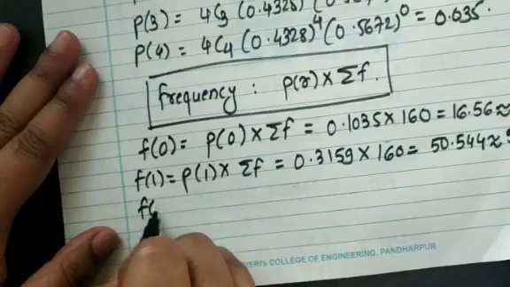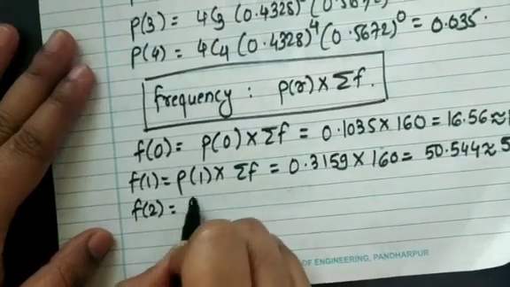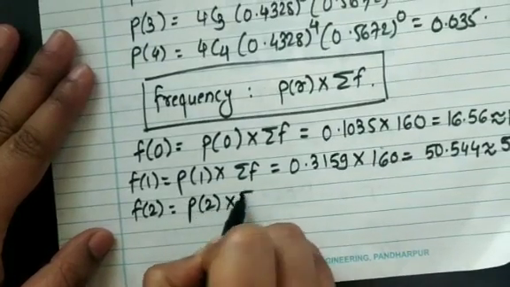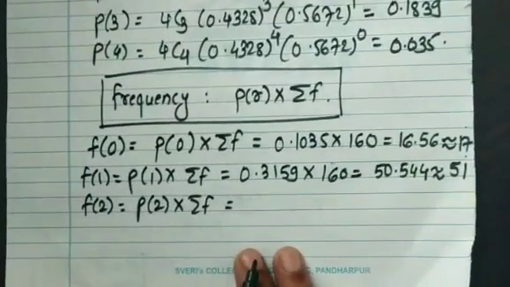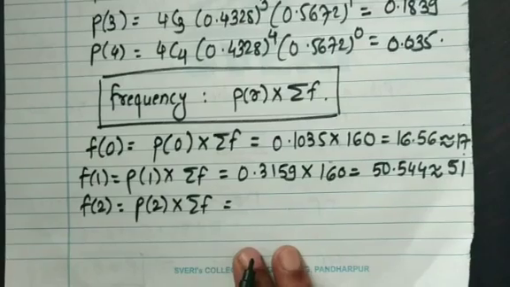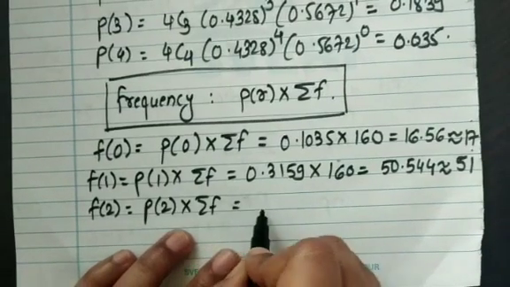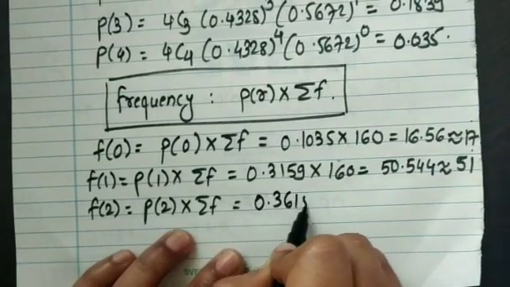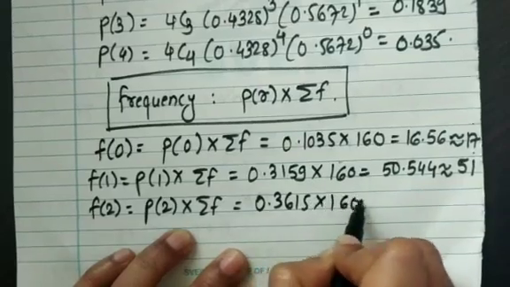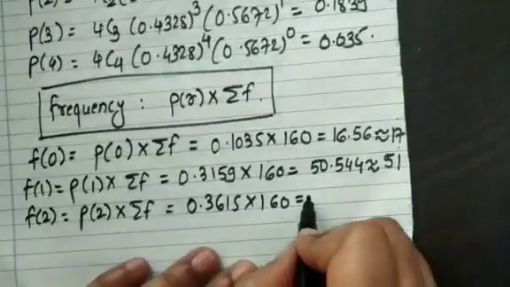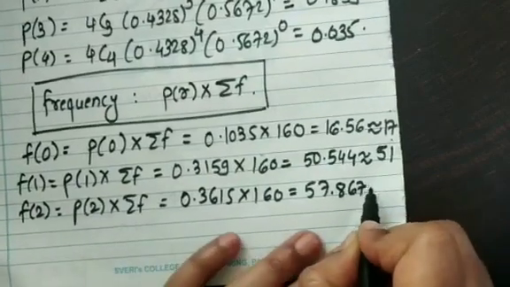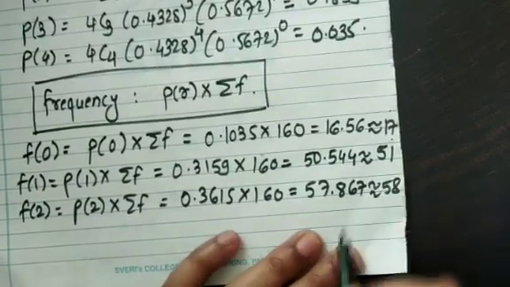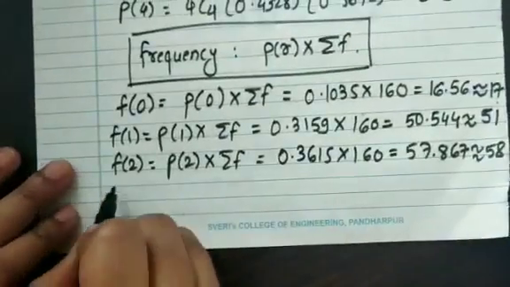Next it is f of 2. Probability of 2 into summation f, probability of 2 is 0.3615 into 160. We get 57.867 and we are approximating it to 58. Next f of 3.